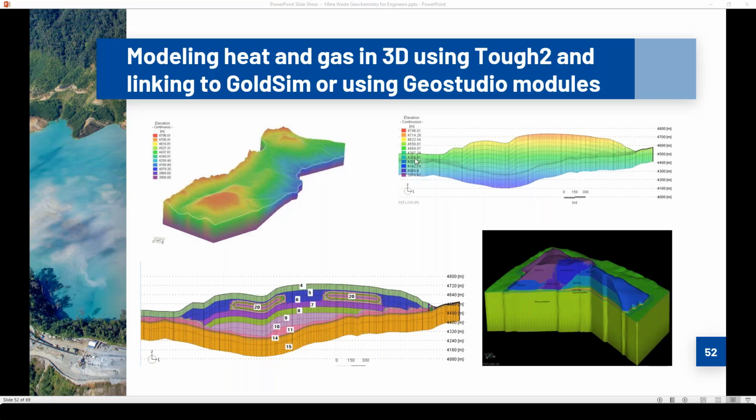So by using tools such as TOUGH2 or using the GeoStudio modules, we can understand the evolution of the air profiles, the oxygen profiles, and the reactivity within these facilities.